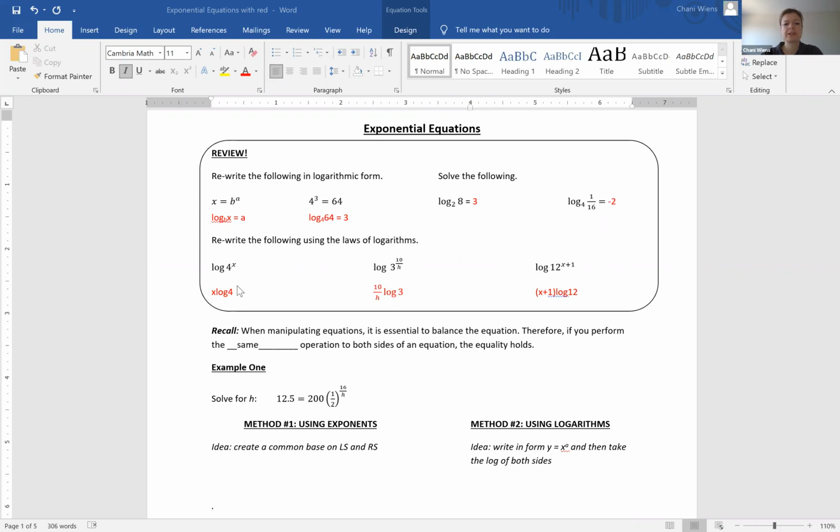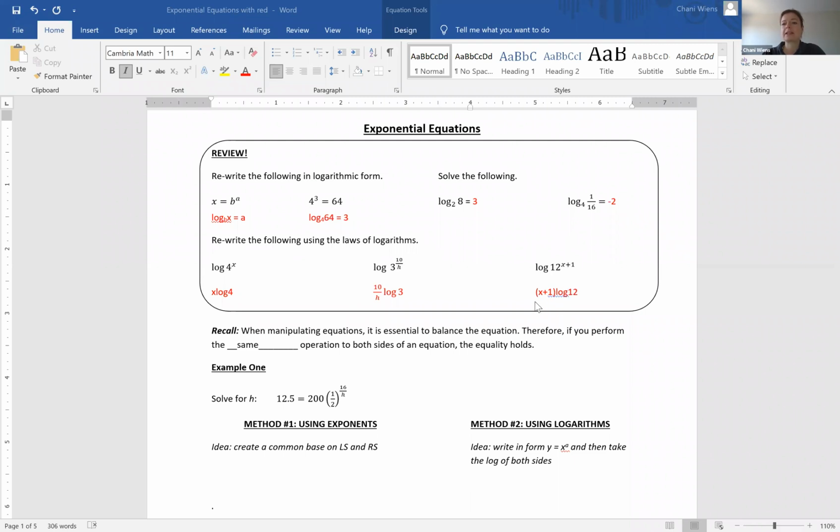And then here we're using our laws of logarithms, which we will be using very often in this lesson. First of all, when you have an exponent, you can bring it out front as a coefficient. That will be very useful for us today, which is happening in all of these cases. Now just notice that in this last one, x plus 1, that entire sum is the exponent.